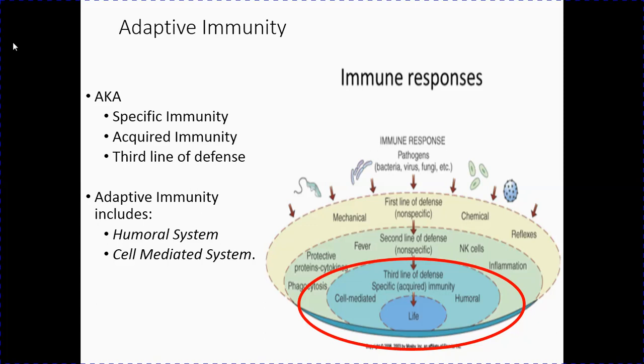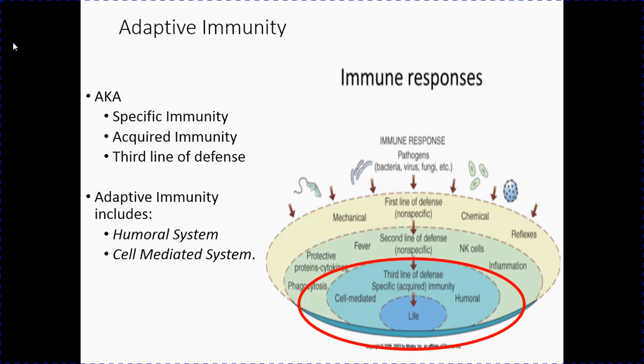We know the second line of defense is a secondary piece to it. It really is there in case there's a breach to the first line of defense. The host still has a host of non-specific defenses in its arsenal to fight against pathogens.